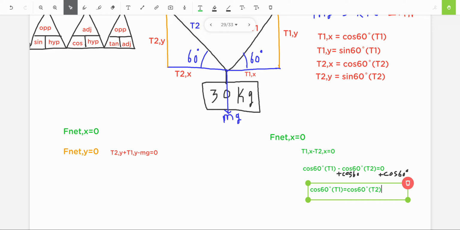Okay, so to get T1, I should divide by this cosine 60, on both sides.